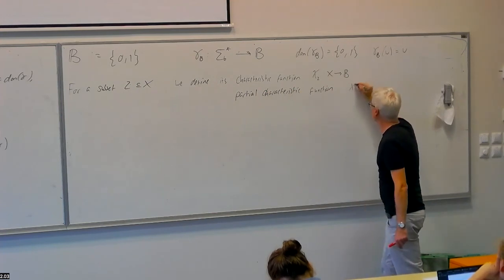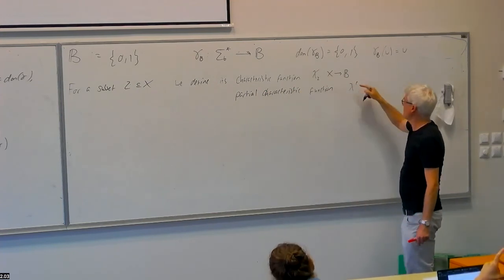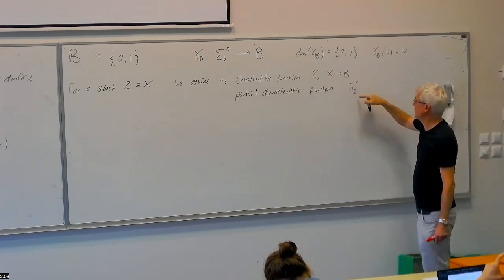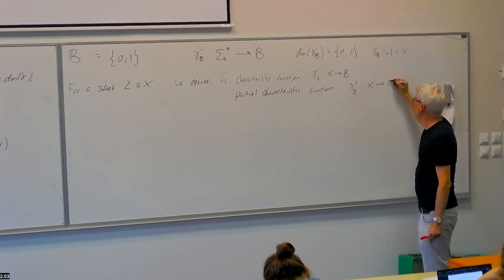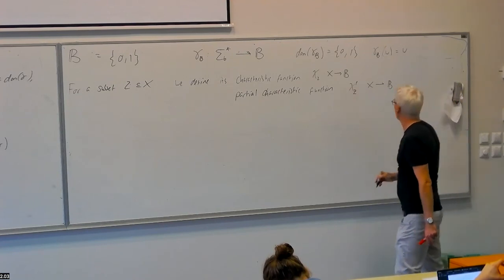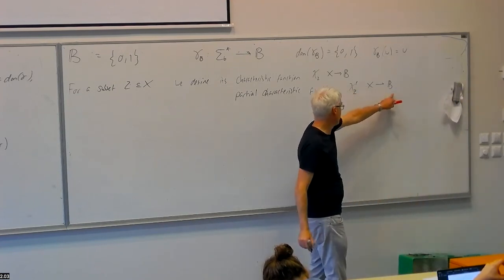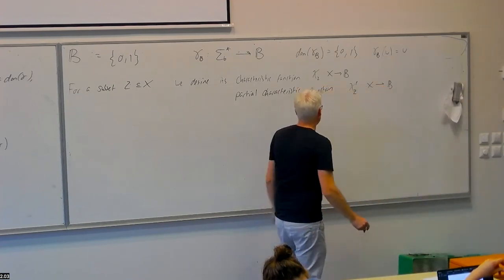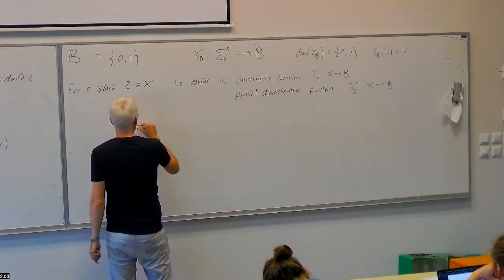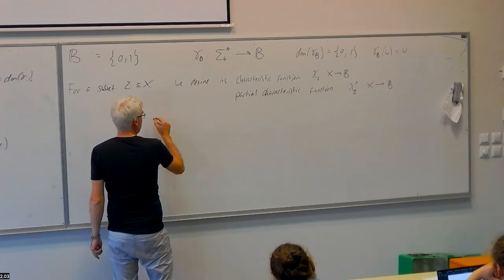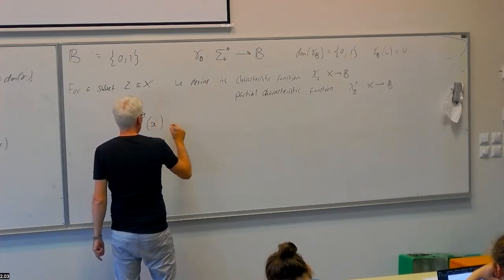I call that chi superscript P of Z, the partial characteristic function of Z. That's another function from X into the set of Boolean bits. It's now a partial function. And these are defined by the characteristic function, or the indicator function, you will have all seen before in one guise or another.